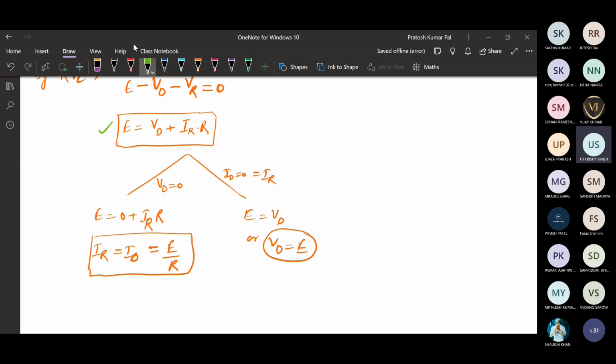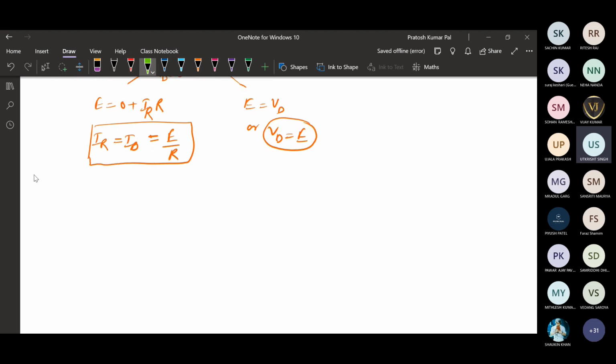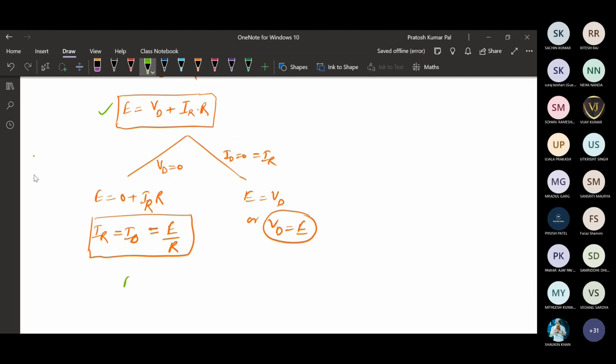So this equation itself defines the DC load line, and the two extreme points of the DC load line are given by ID equals E by R and VD equals E, from the equation E equals VD plus IR into R. The graph is between ID and VD, and VD plus IR is nothing but ID, so we plot in terms of ID.